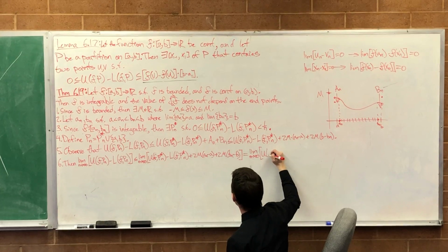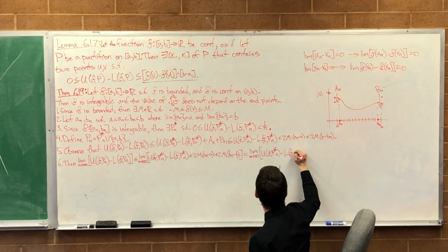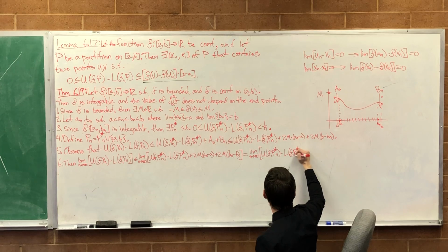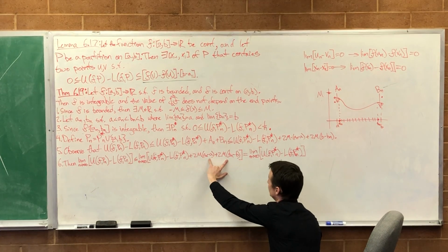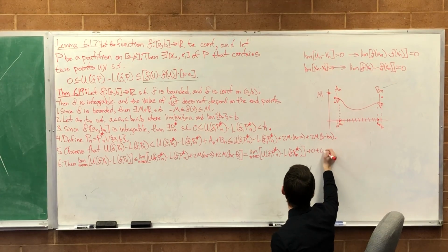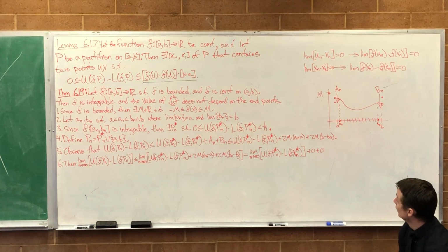The limit as n goes to infinity of the upper sum of f with P star n minus the lower sum of f with P star n, that's P. And then pulling these two out and taking their limits just gives me plus 0 plus 0. You okay with that? Okay.